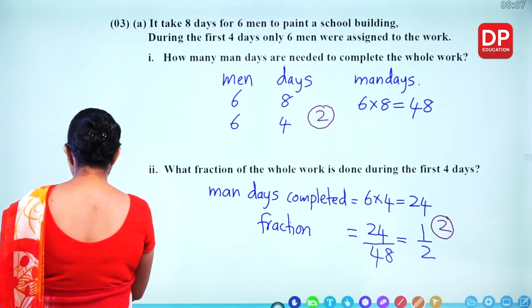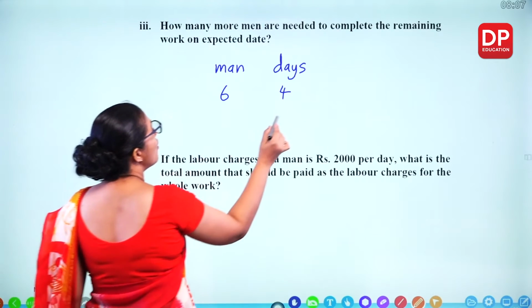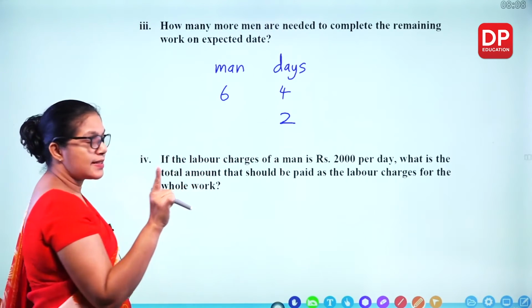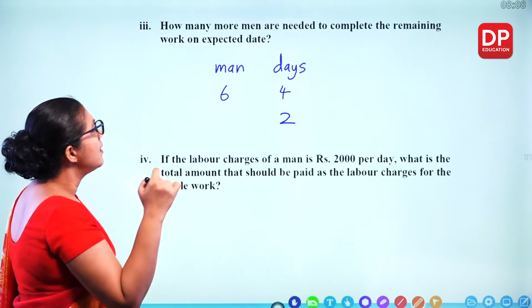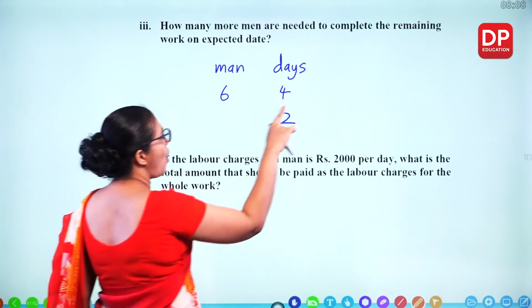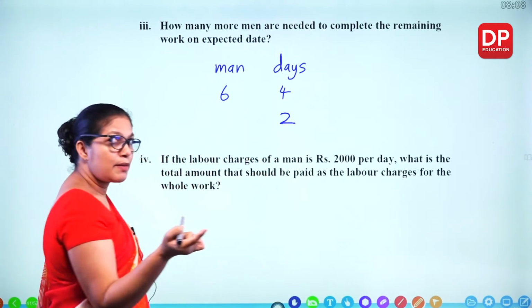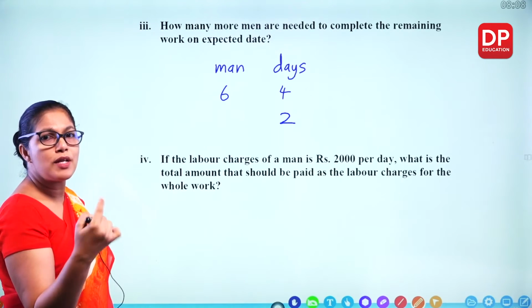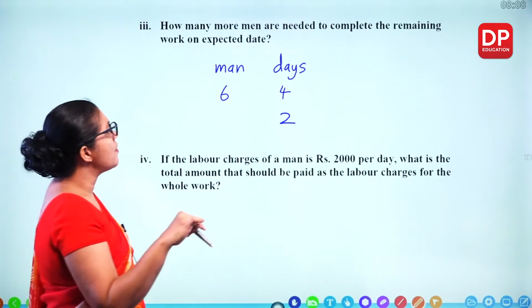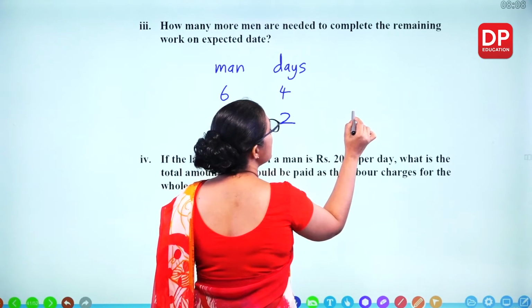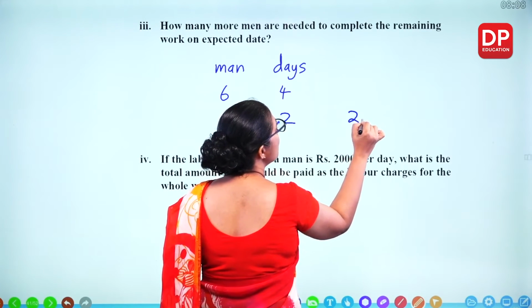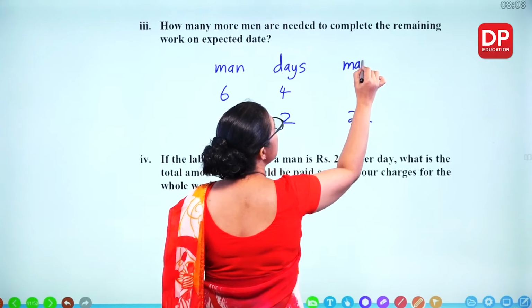Now you have only 2 days to complete the rest of the work. So half of the work, 48 man days work was there and 24 completed. What is the remaining amount? 48 minus 24, that's 24. So 24 man days you need.